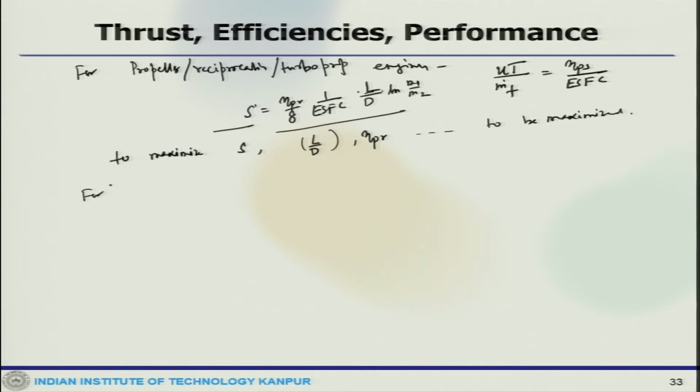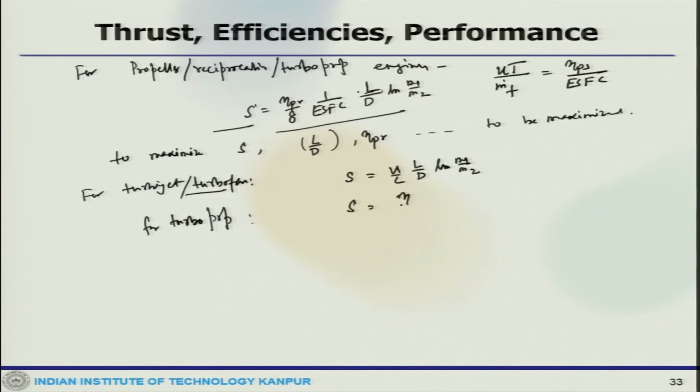For a turbojet or turbofan, they say S is U by C, L by D, ln m1 by m2, and for a turboprop they usually say eta by C, L by D, ln m1 by m2.